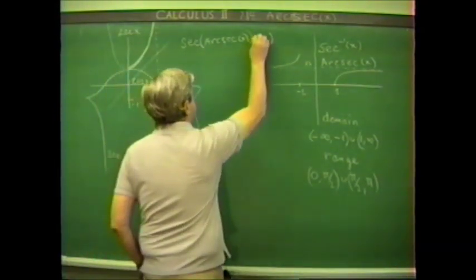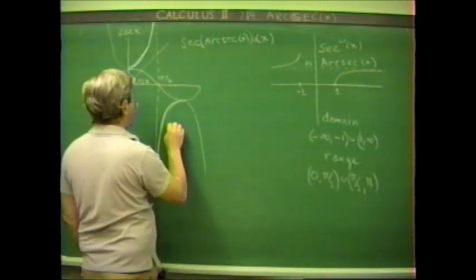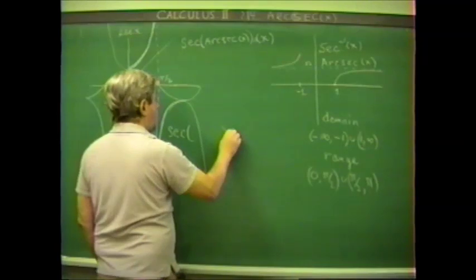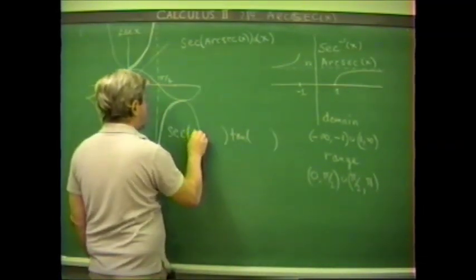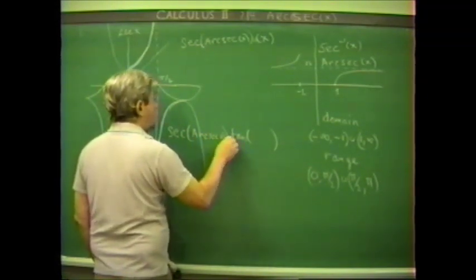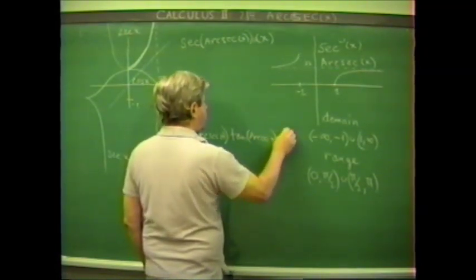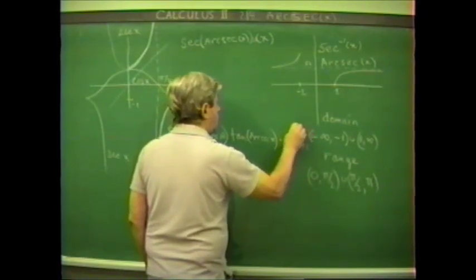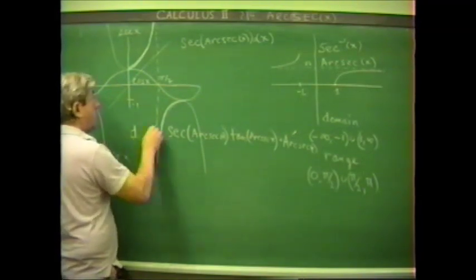So this is equal to x, and so the derivative is going to be the derivative of the secant, which is secant times tangent at arcsecant, times the derivative of the arcsecant. And this is going to be equal to 1, the derivative of x.